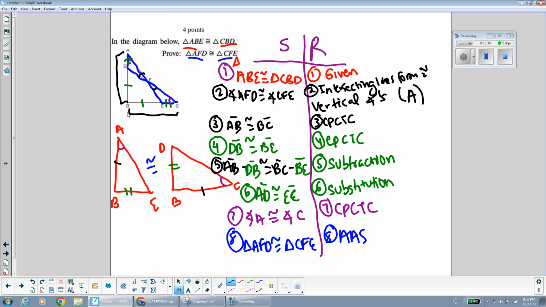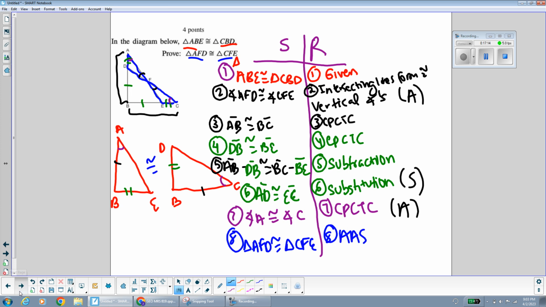When you do BC minus BE, you're left with EC. So I'm substituting this for what it actually is. After my subtraction, I have, and that's my S, AD congruent to EC is the S that I'm using. And then I just need my last A for AAS, and that's angle A congruent to angle C. And that's by CPCTC because those were also angles in the triangles that I originally knew were congruent. So here I have everything I need for AAS.